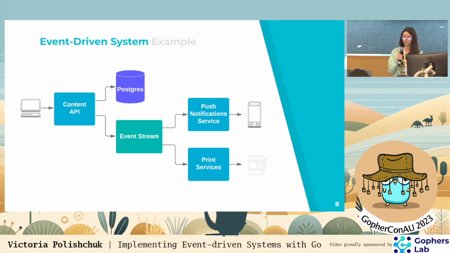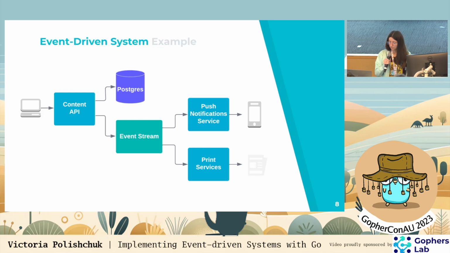And also, we want to publish information about this article for other systems, for the mobile service that will publish the article to mobile phones of our users. And we also have the subscriber print services. Print services will eventually convert this article into a printed edition. And the reason we want to use an event-driven system here is because we want to improve responsiveness of the requests that come to the content API.